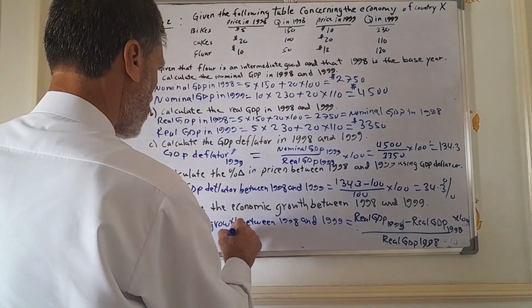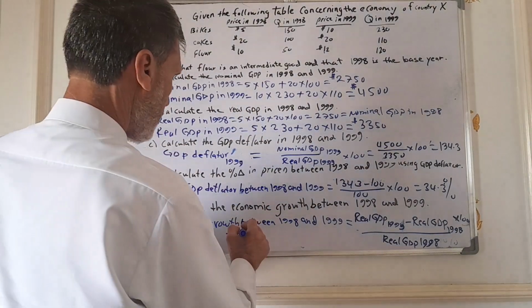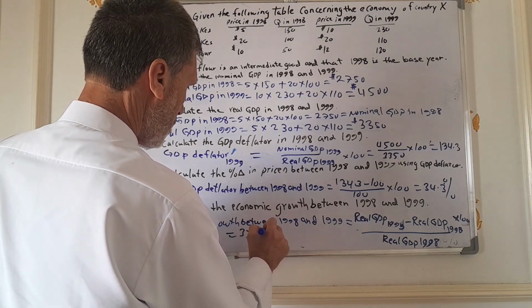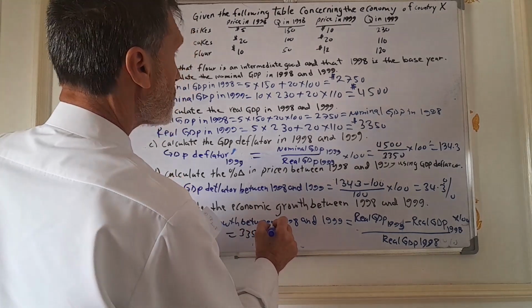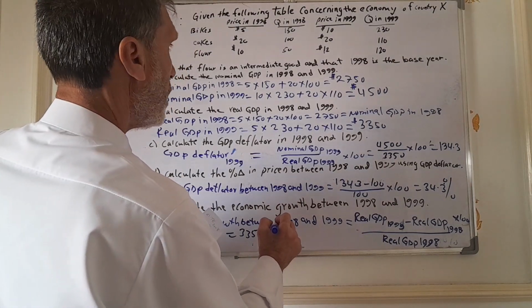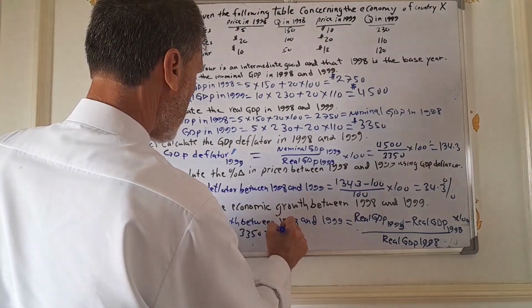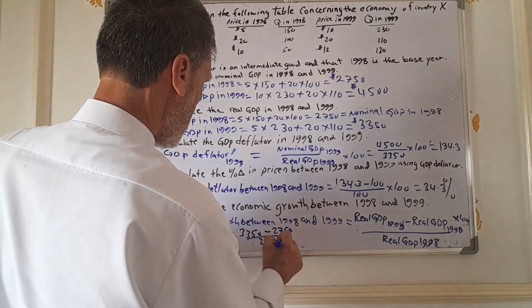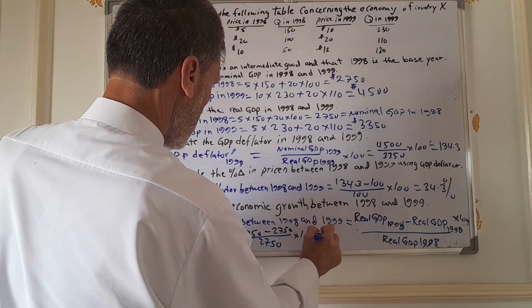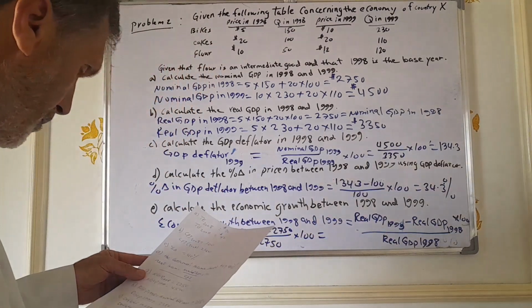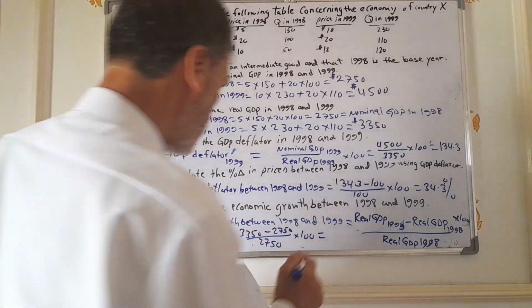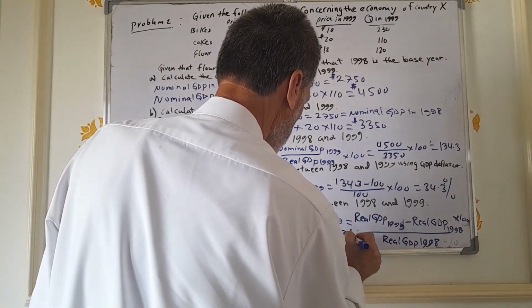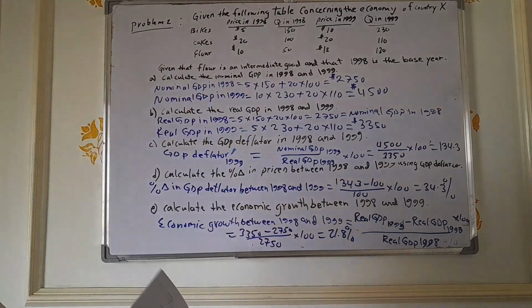When you plug in the numbers, you have 3350 minus 2750, over 2750, times 100, and we come up with 21.8%. This is the economic growth.